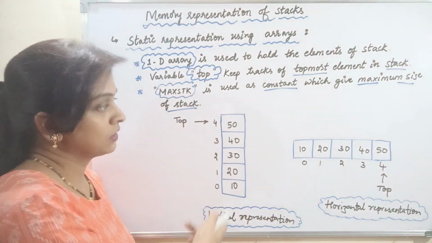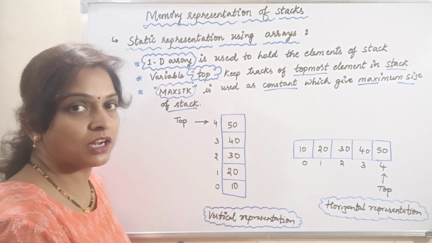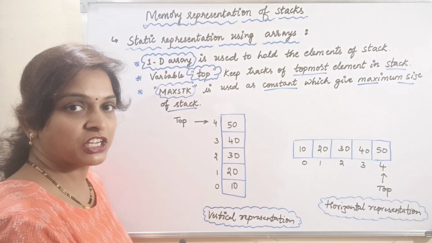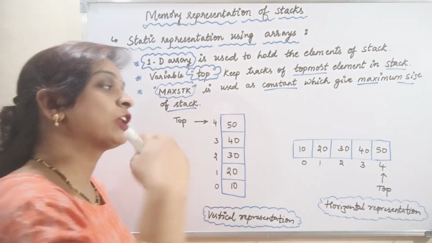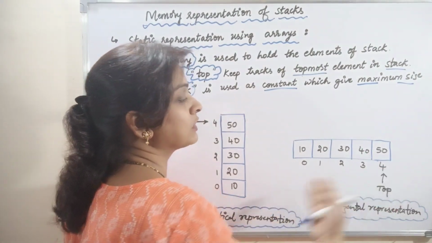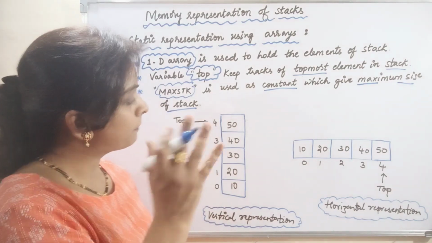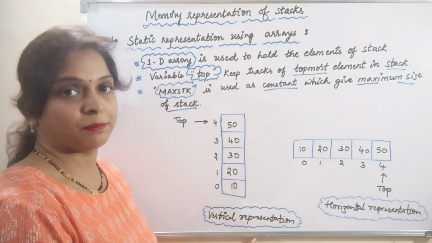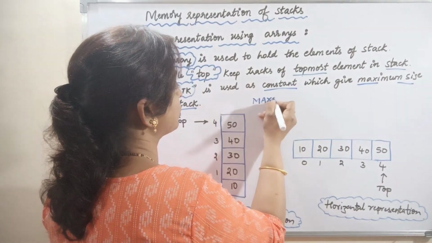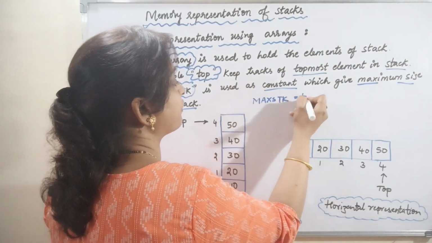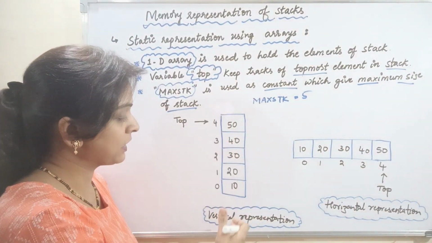A stack is like a container, so the vertical representation is the best way to represent the stack elements in memory. We can also write it in horizontal representation, just like how we see arrays, but it's better to use the vertical representation. Observe the maximum stack size I have given is 5.